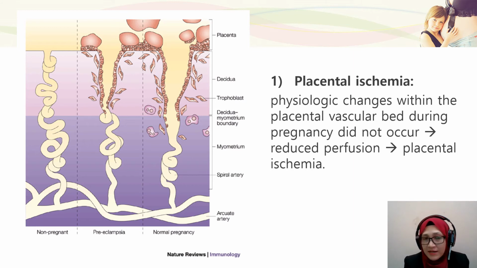So this will supply the fetus with enough blood. But if these physiological changes did not occur very well, it might cause reduced perfusion. So it can lead to placental ischemia, and this in turn leads to an increase in the blood pressure.